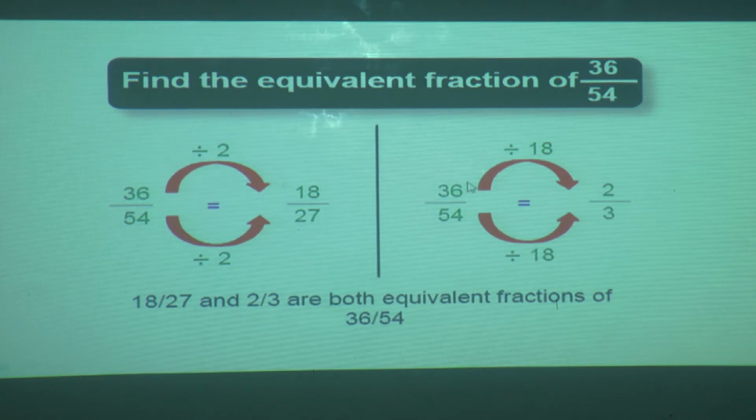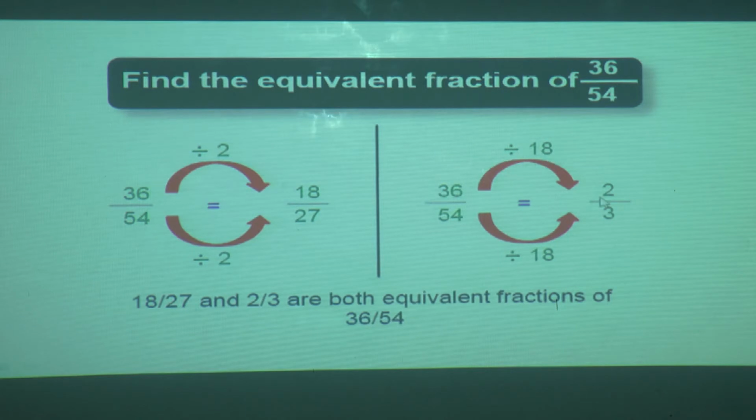Why did I show you directly with a large number? I will clear that. Here we can reduce by 2, 3, and so on, wherever we find complete division by that number. In the fraction 36 upon 54, I directly divided by 18 because I know the table of 18.